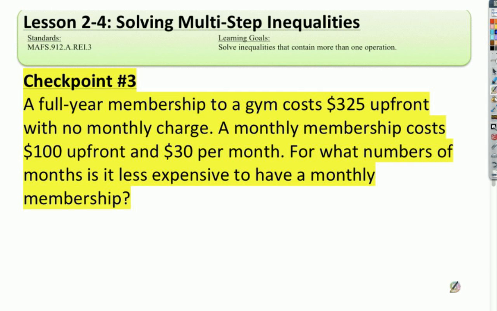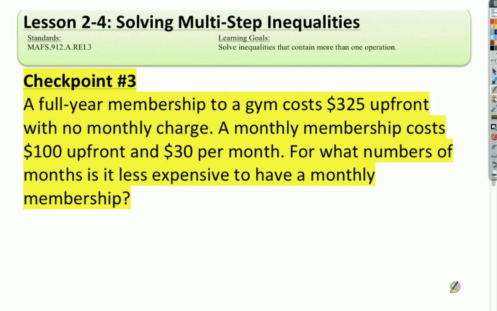Alright, back as a whole group. And let's see how we did. Let's get teams A, B, and D. Actually, let's start in the back with D, B, and then A. D. What did you guys get as your solution? Caesar, we'll start with you.